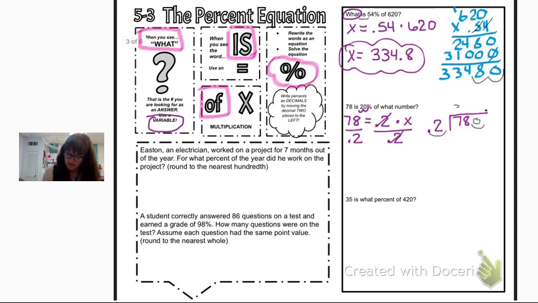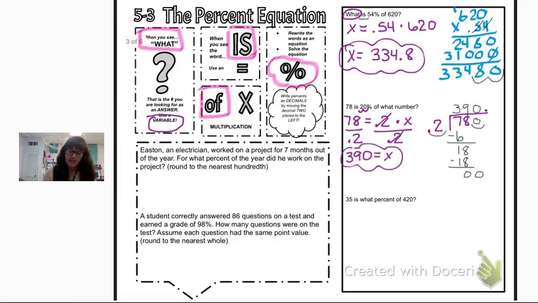And then 2 will go into 7 3 times. 3 times 2 is 6. Subtract and drop the 8, and 2 goes into 18 9 times. 9 times 2 is 18. So subtract, we get 0, and then drop that other 0, and 2 goes into 0 0 times. So we get 390 equals x.